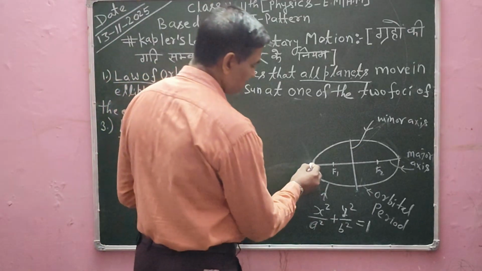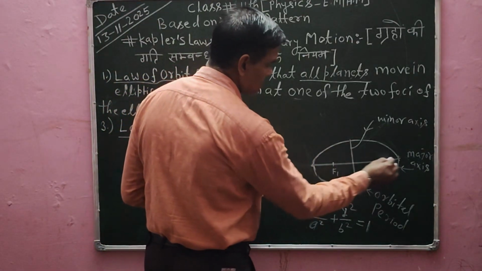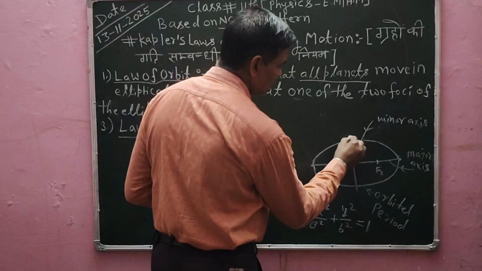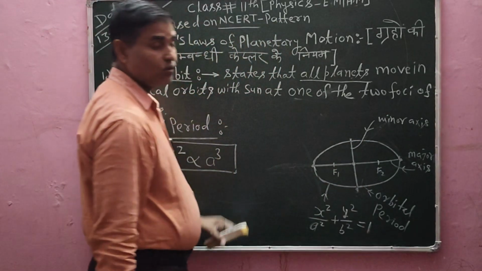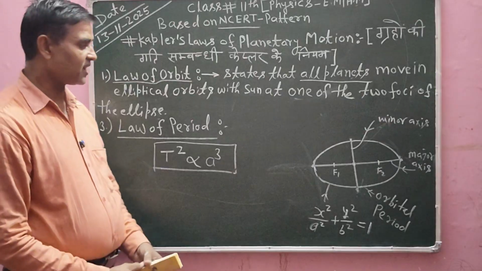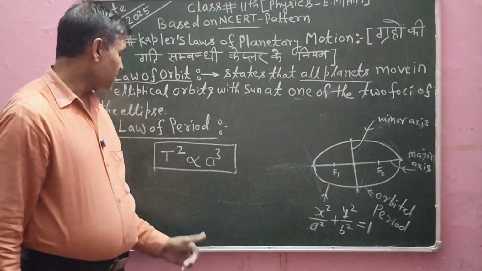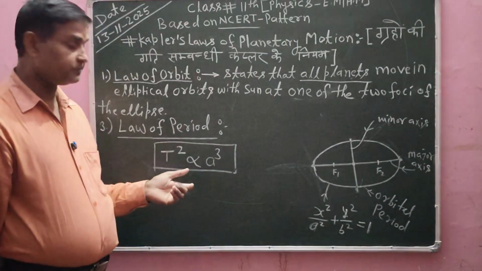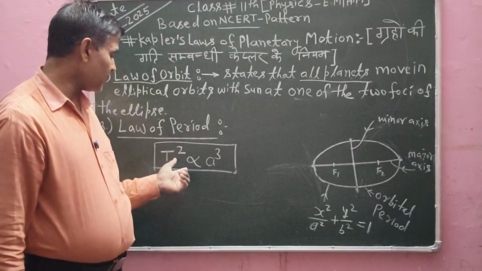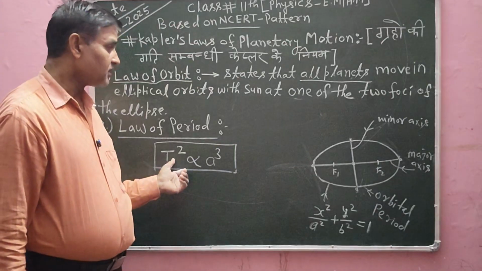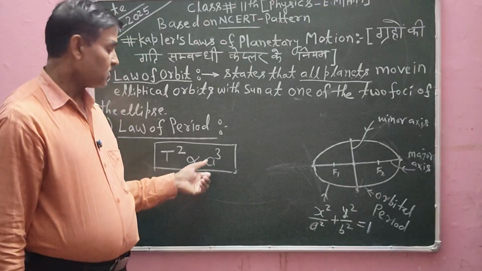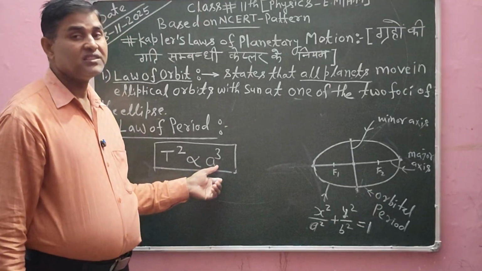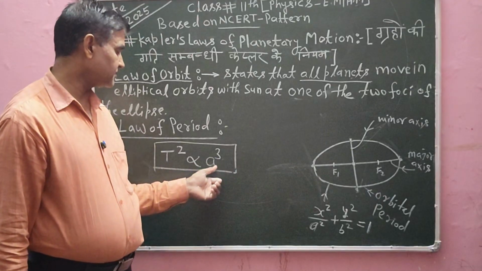There are 5: 1, 2, 3 and 4, and the other is 5, the origin. So all coordinate points I can write easily. Now the law of period is saying that the square of the time period is proportional to the cube of the semi-major axis.